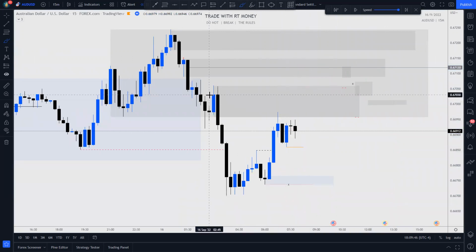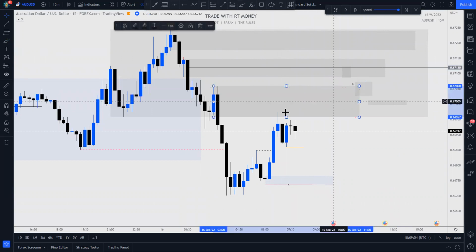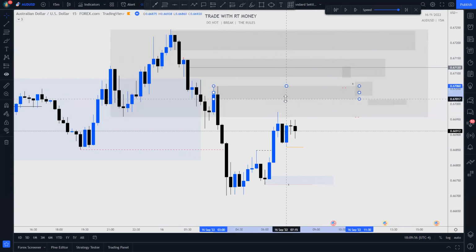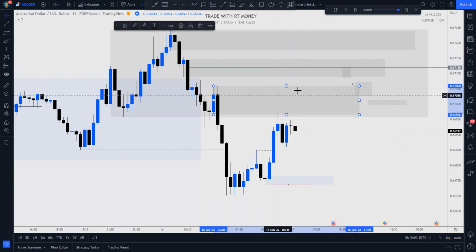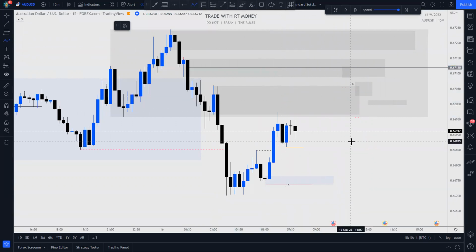There is the extreme up here, which is why I had this zone coming up there. This is the extreme of the zone. If price comes up there, respects it and comes down, I'll take it. I'm just going to look for my trading model, and this is my trading model.